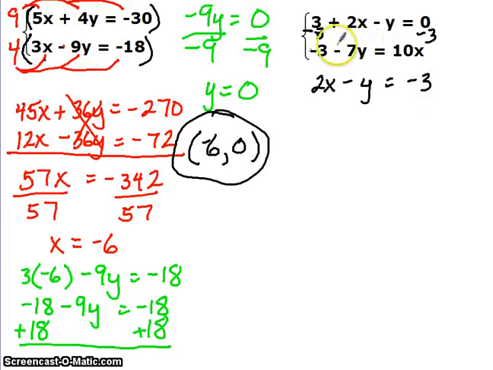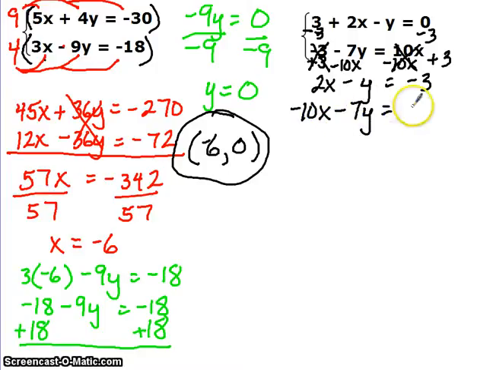On this one, I need to move the 3 over, so I'm going to add 3. But I also need to move the 10x over, so I'm going to subtract 10x as well. The 10x's are going to cancel here. The negative 3 is going to cancel here. So I end up with negative 10x minus 7y equals positive 3.